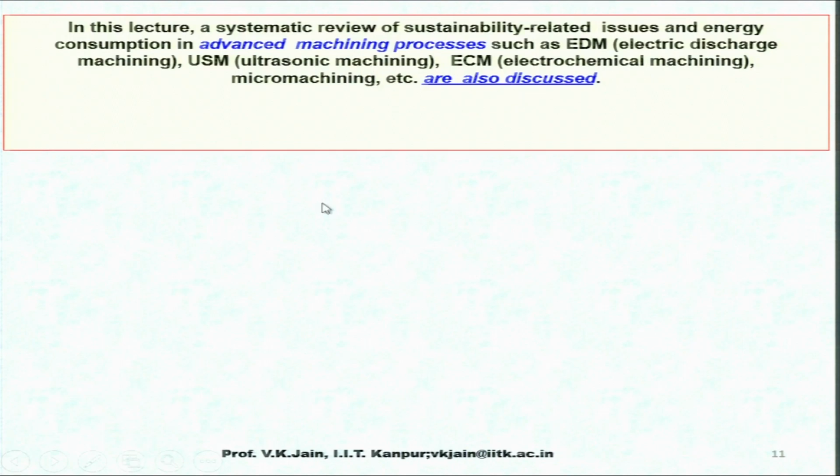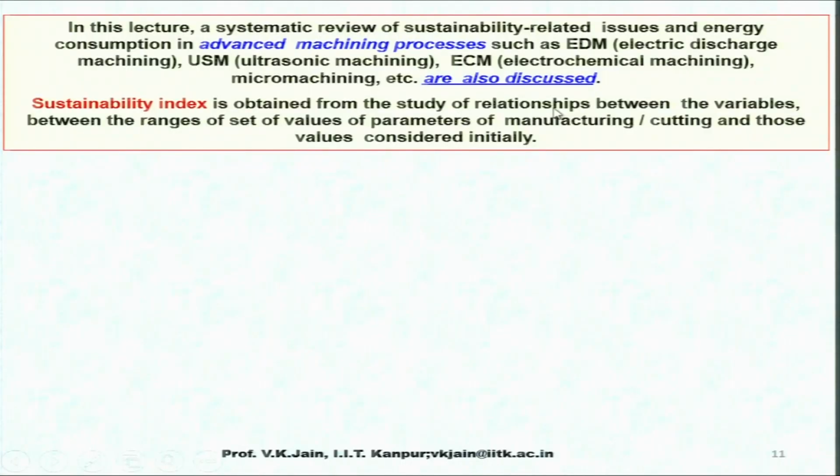Advanced machining processes are also known as non-traditional machining processes, unconventional machining processes, modern machining processes, new machining processes. Don't get confused, they are the same except the names in the books have been different by different researchers or authors.